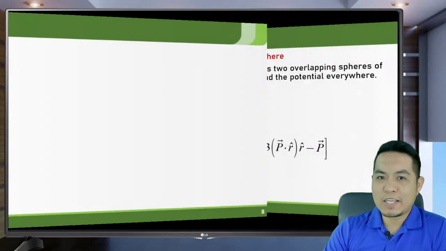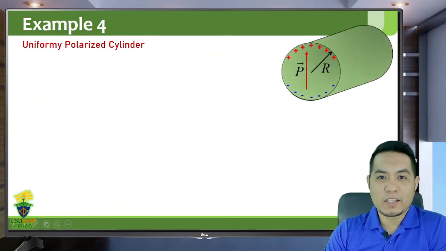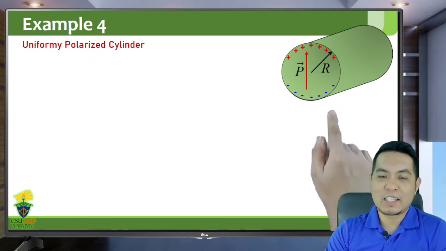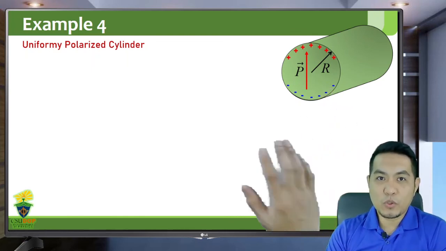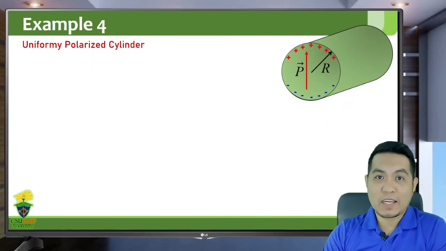Okay, for the last example, what if you have a uniformly polarized cylinder? The much easier way to do this is, again, similar to example number 3. You treat this as two overlapping cylinders.